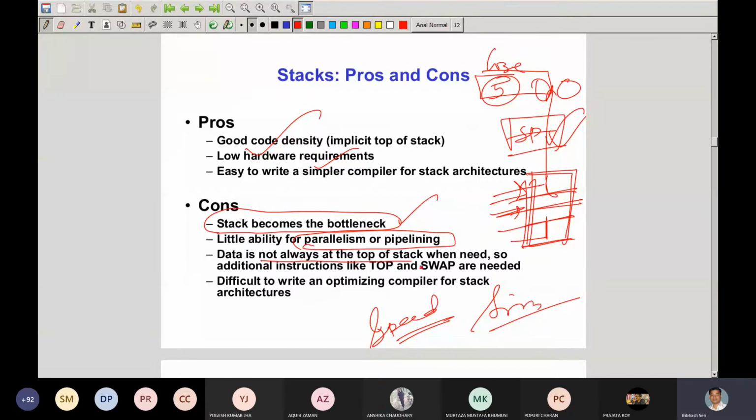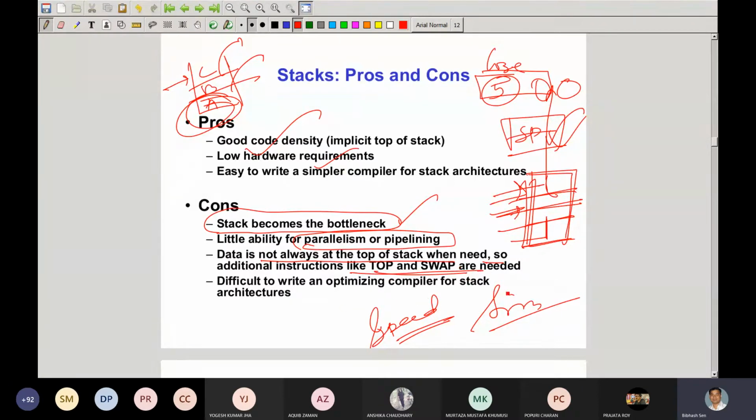Data is not always at the top of the stack when needed. Suppose you push A, push B, push C, suddenly A is required, but at that time your top pointer is at this one, then you have to pop these two items, then only you can get it. So that is one big issue, that all the time data may not be available in your hand.